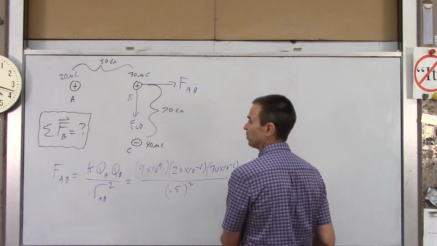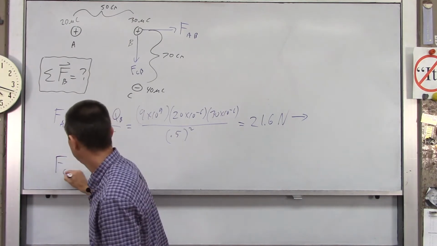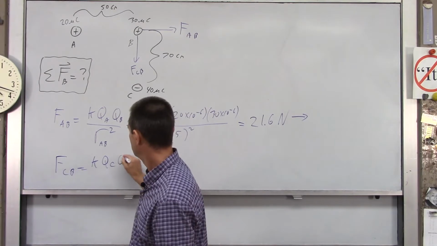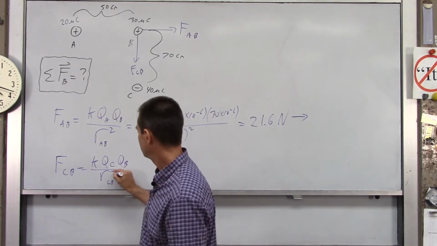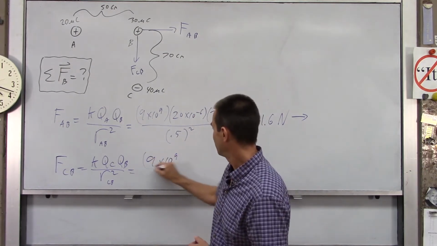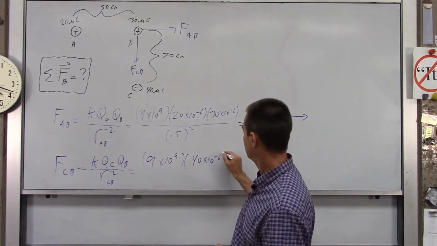How about the force of C on B? The force of C on B is going to be k QC QB over the distance from C to B squared. So k is 9 times 10 to the 9th. QC is 40 times 10 to the negative 6th.